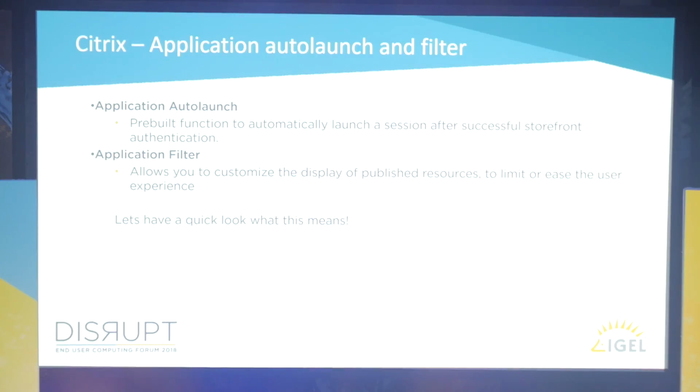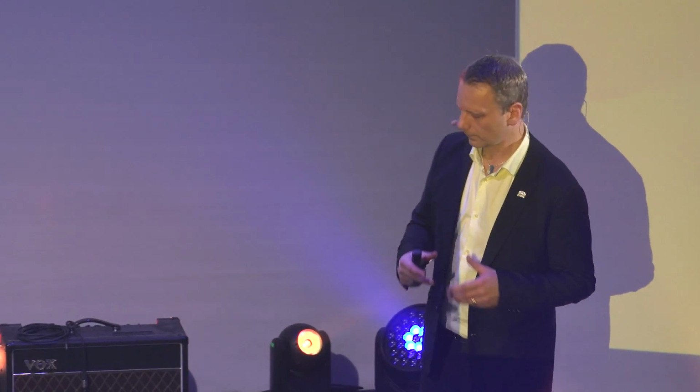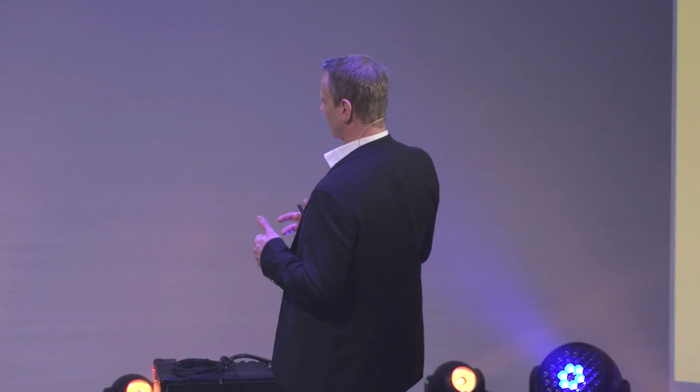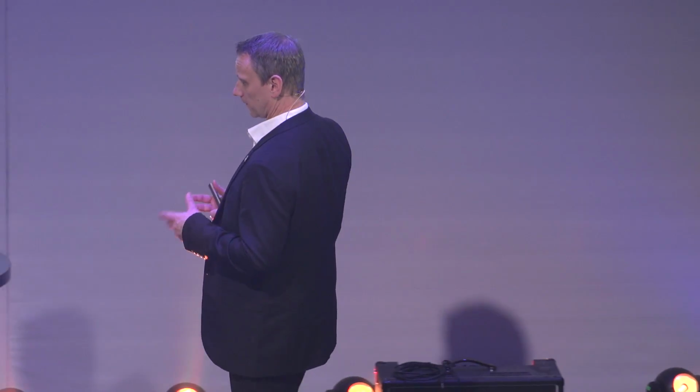Adding on to that, you saw that when I logged into the receiver, I was presented with all my published applications. But there might be reason to remove those applications. In my opinion, the Citrix admins are the ones that should limit functionality for the user, because they are presenting the content.